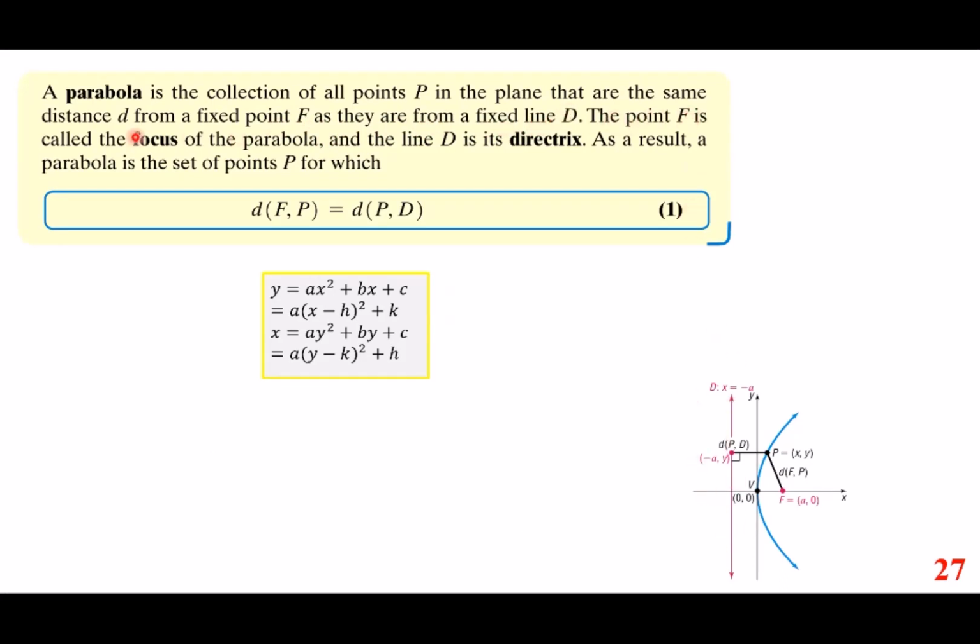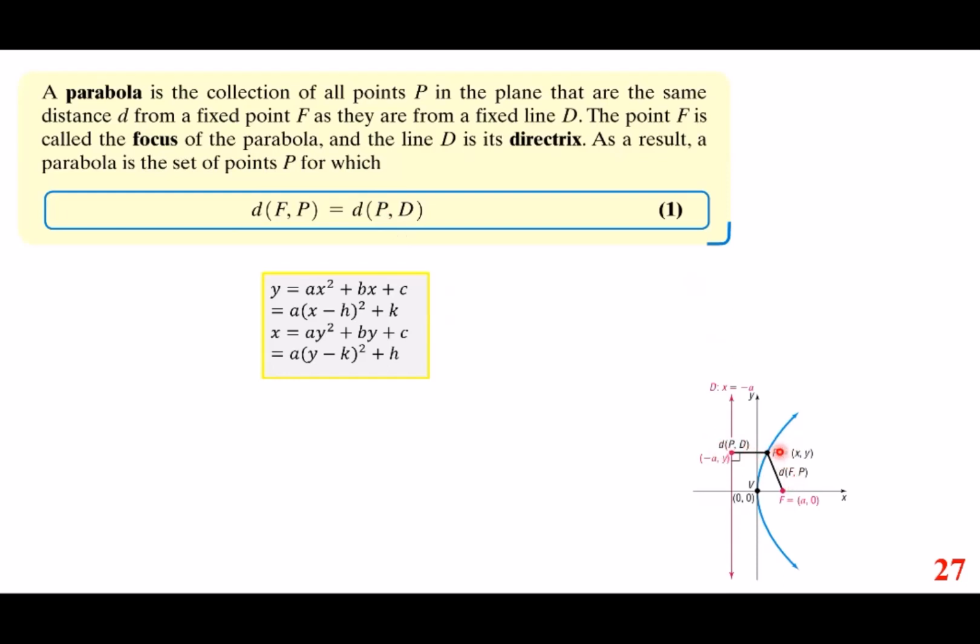The point F is called the focus of the parabola, and the line d is its directrix. As a result, a parabola is the set of points P for which the distance between F, the focus, and that point P is the same as the distance from that point P to the directrix. These 2 distances are identical.